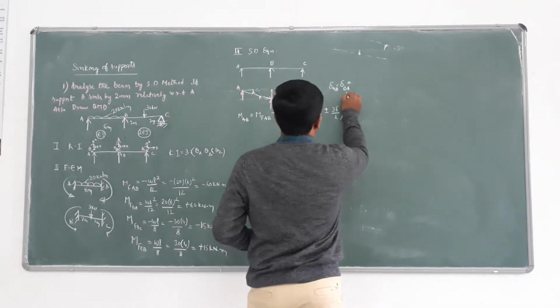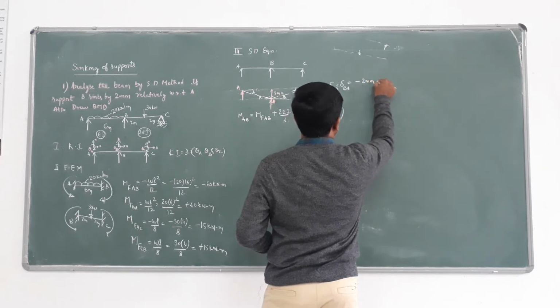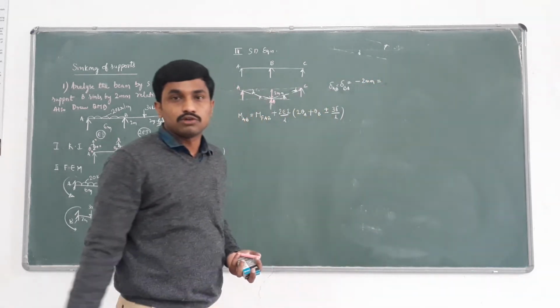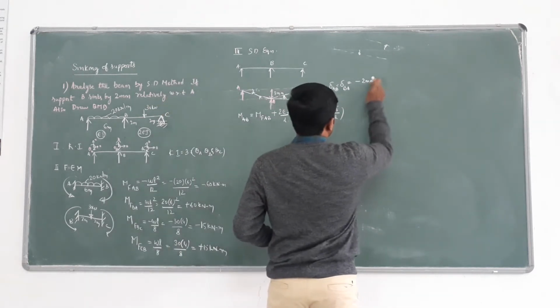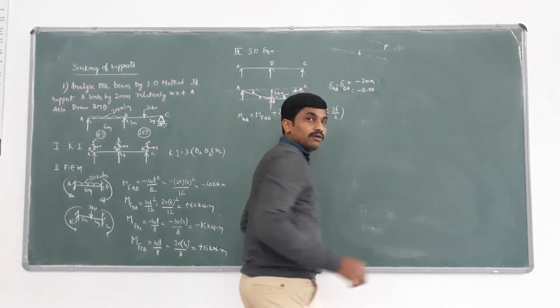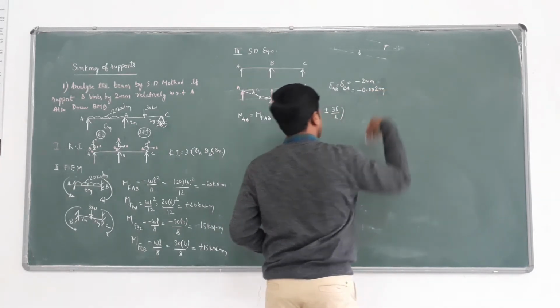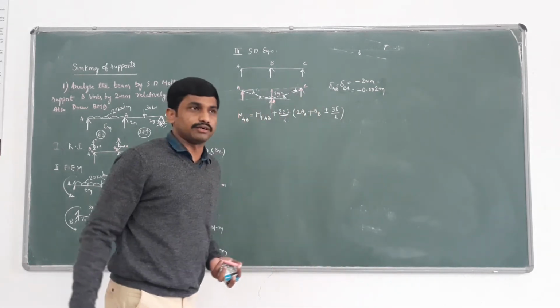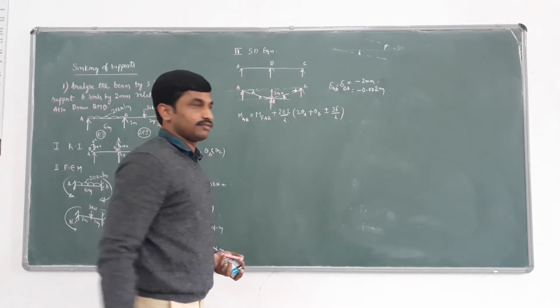So delta AB equal to delta BA is minus 2 millimeter. So 2 divided by 1000, so minus 2 into 10 raised to minus 3, that is minus 0.002 meters.